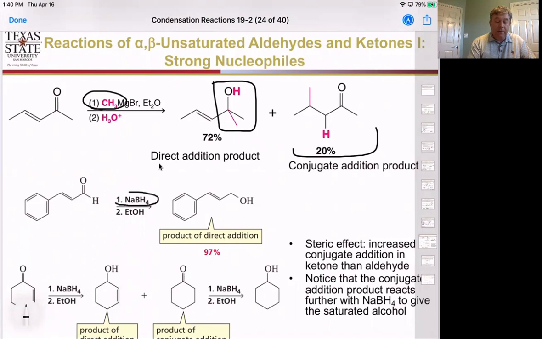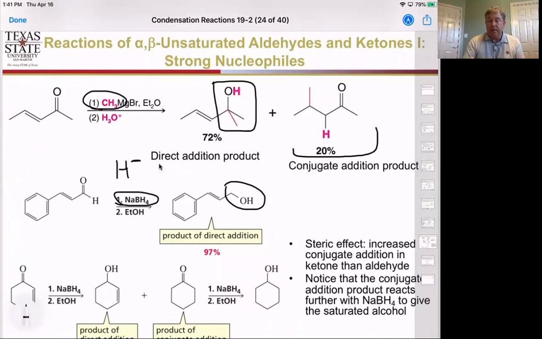In the case of sodium borohydride, hydride is our actual nucleophile in the system, and therefore it also gives the direct 1,2 addition product by giving us the alcohol here, okay? So we see that happen with really, really strong nucleophiles like carbanions and hydride ions.